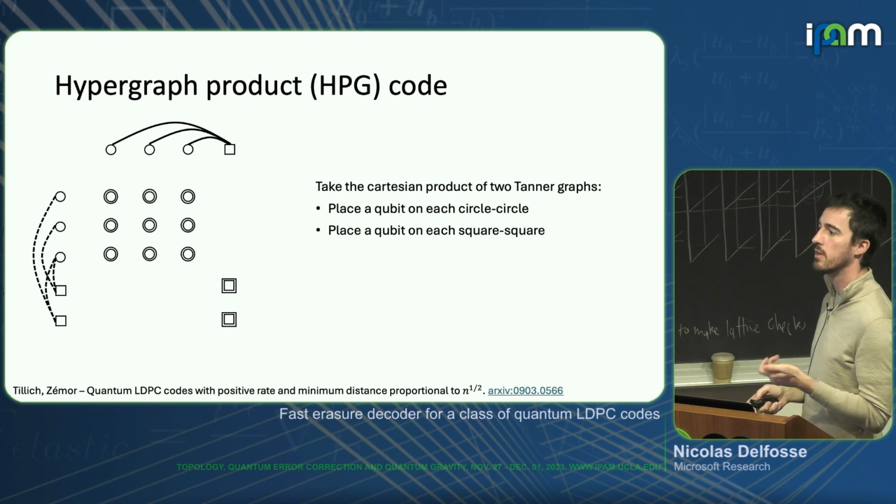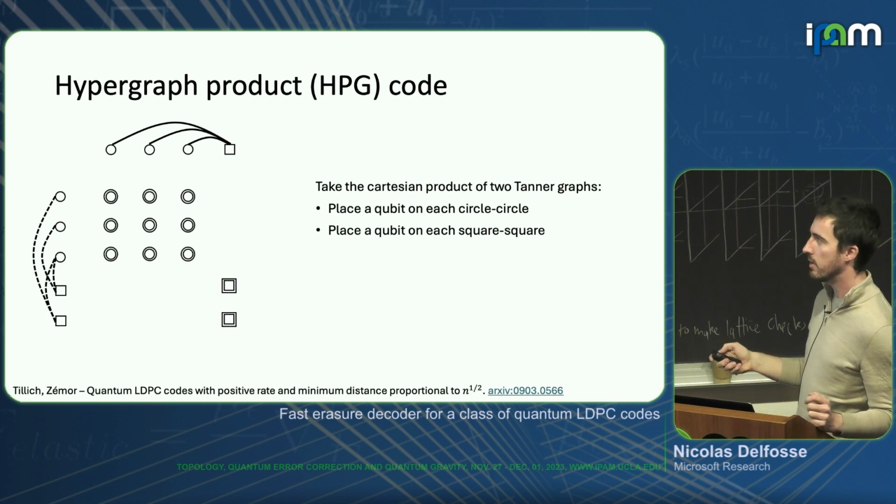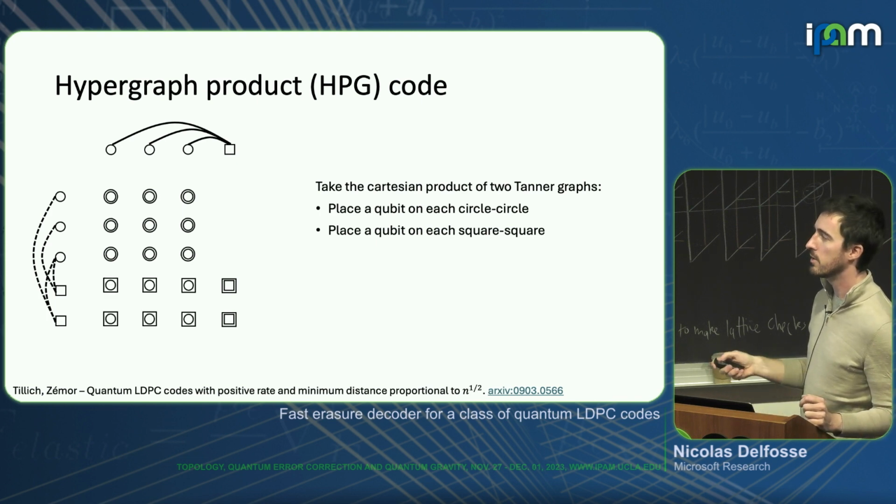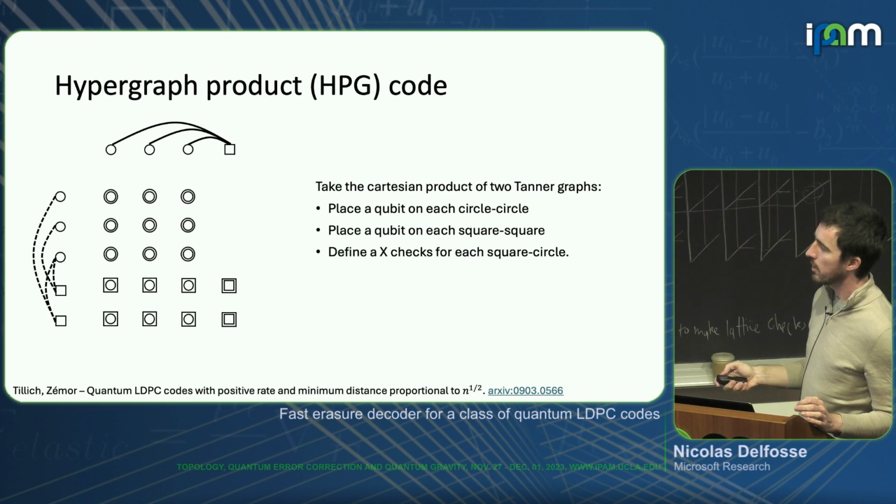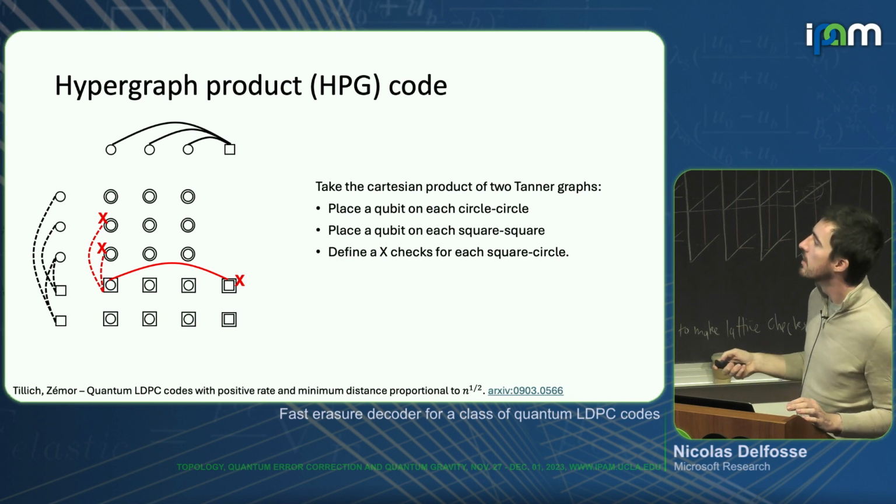And now you need to fix the checks. You're going to define 2 types of checks, one on circle square, and the other one on square circle. So for those checks, you are going to define an X check starting from each of these 6 vertices.